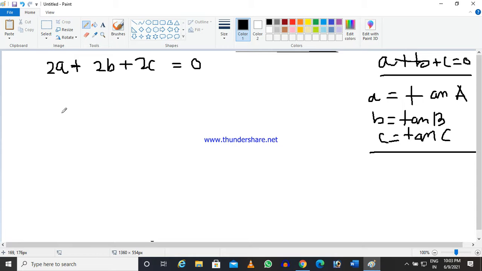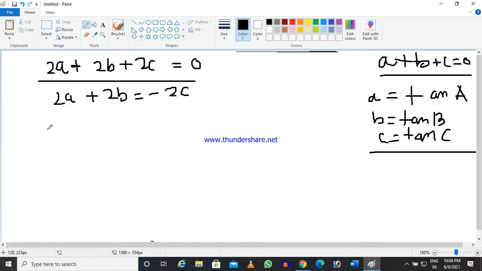Okay, so now 2a plus 2b is equal to minus 2c.